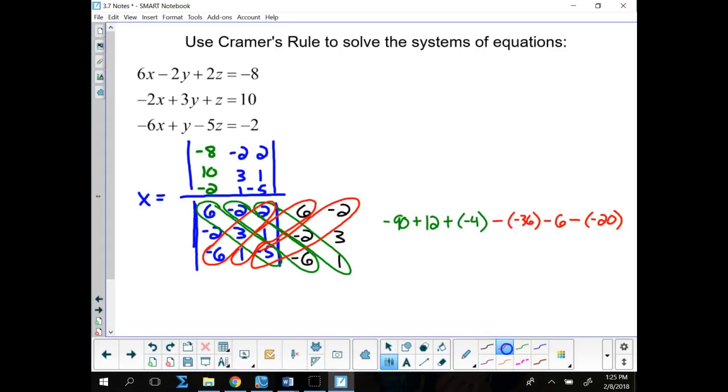Right? So -90 plus 12 is -78, excuse me. -78 minus 4 is -82. Plus 36 minus 6 plus 20, so that's going to be -32.